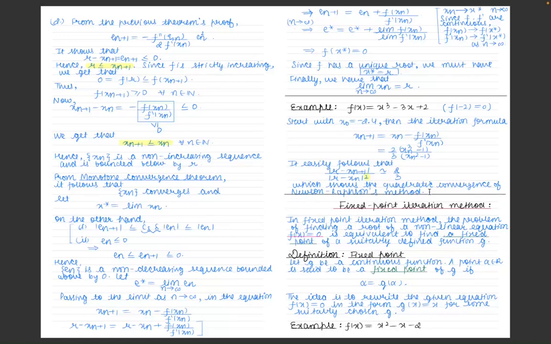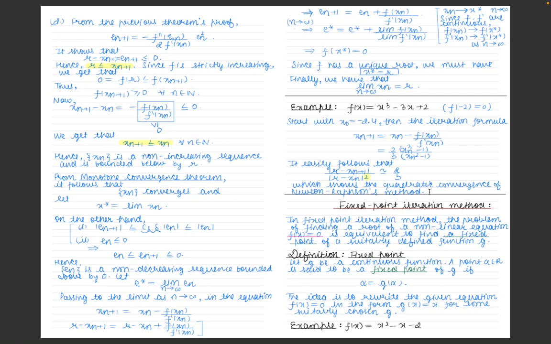So if we start sufficiently close to minus 2, let's say minus 2.4, then if you apply the iteration formula, xn plus 1 is xn minus f of xn by f prime xn, you will find that it is actually 2 xn cube minus 1 by 3 times xn square minus 1.